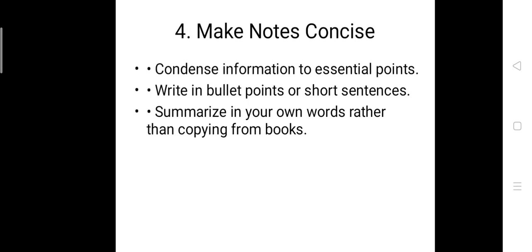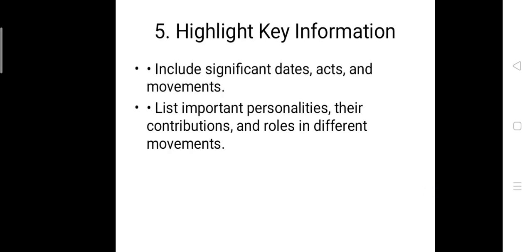In the first reading you just read the chapter, in the second reading you focus on keywords, and in the third reading you use a highlighter for the most important topics. If you summarize the topics in your own words, it is easy to revise and not difficult for you.